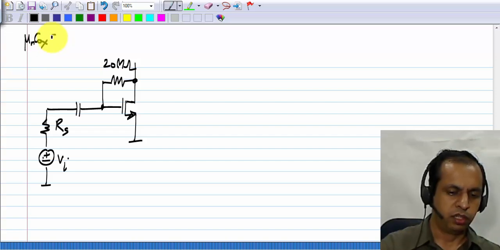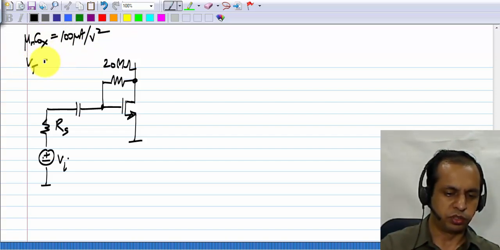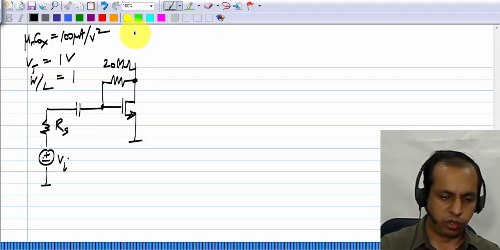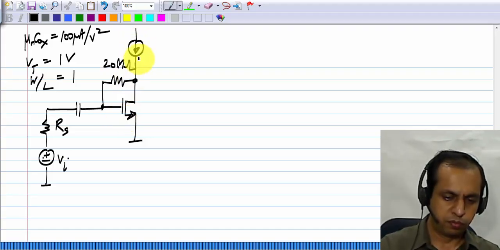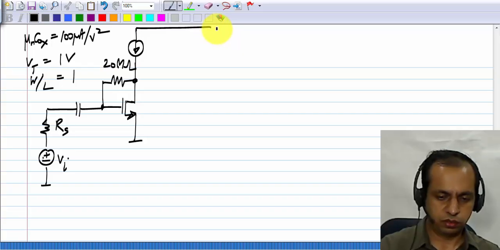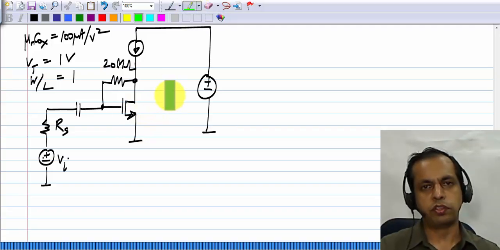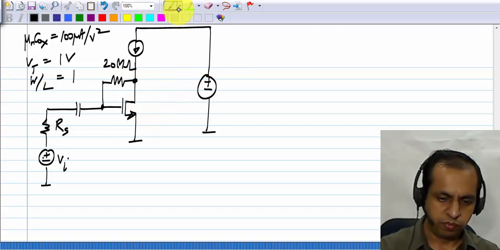As usual, mu n Cox is 100 microampere per volt square, and the threshold voltage is 1 volt, and W by L is 1. So that's why for 200 microamperes of current, I have a gate source voltage of 3 volts.